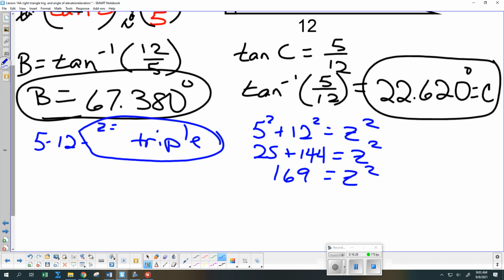And what's the square root of 169, everybody? So you could have just said Z is 13 because it's a triple, or you go through and use Pythagorean theorem.